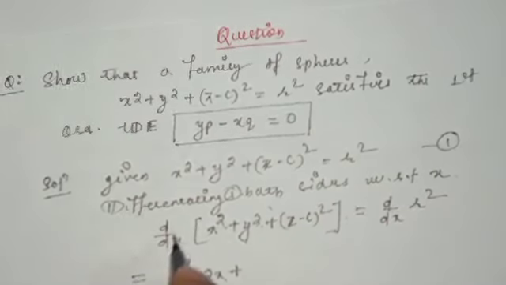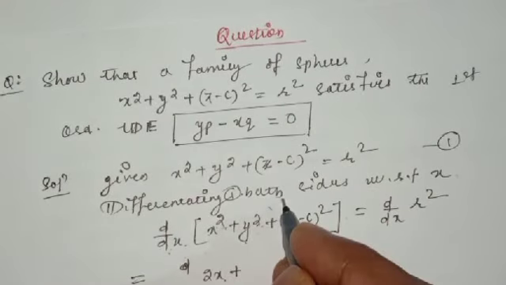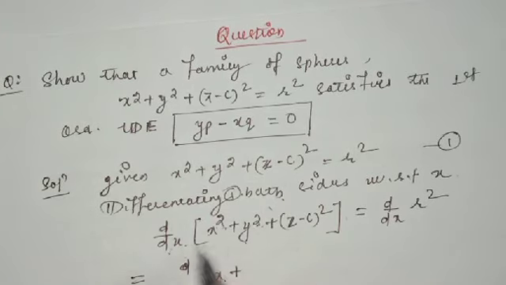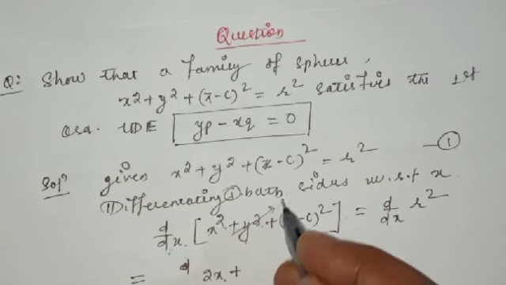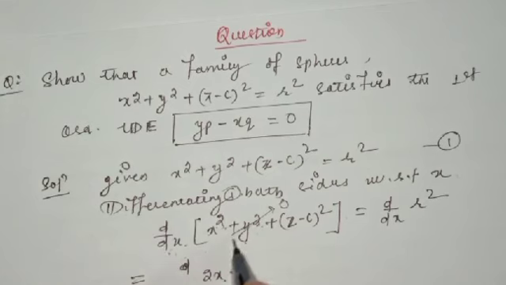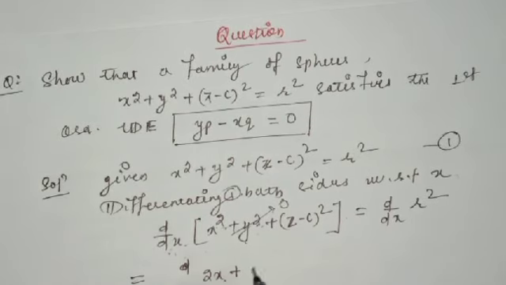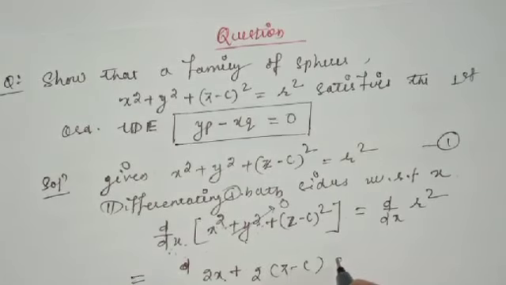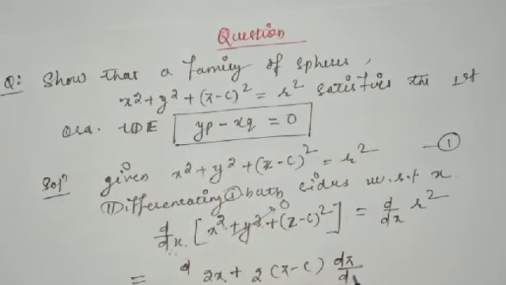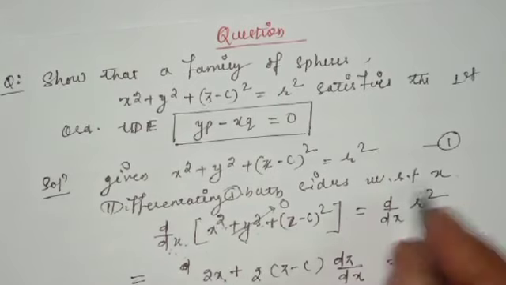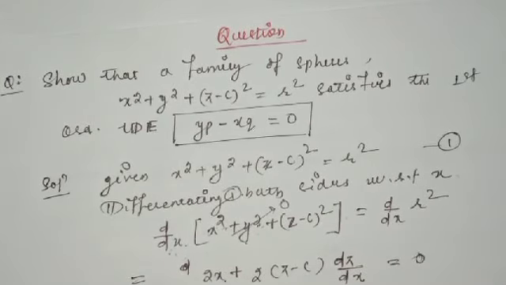So d by dx of y square is 0, plus d by dx of (z minus c) whole square, so it will be 2(z minus c) dz by dx, is equal to d by dx of r square, which is 0.